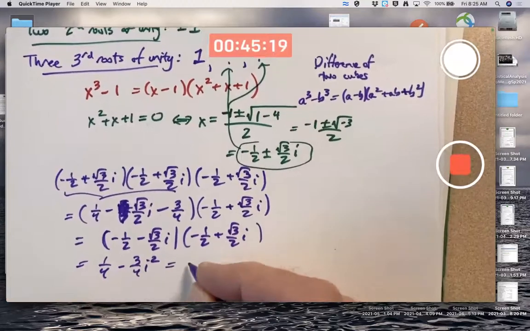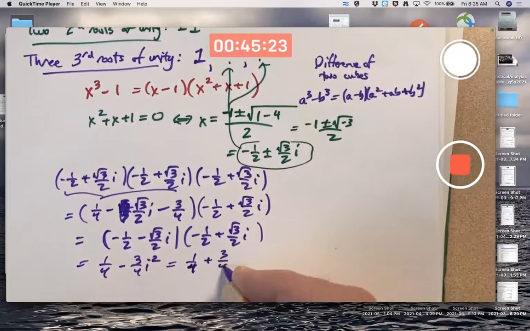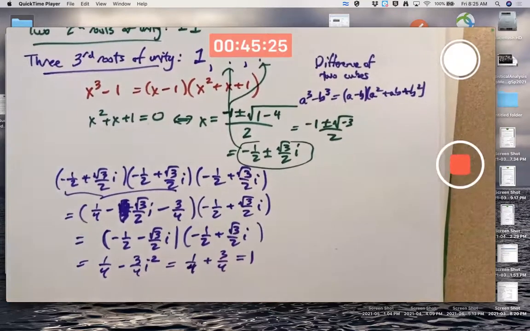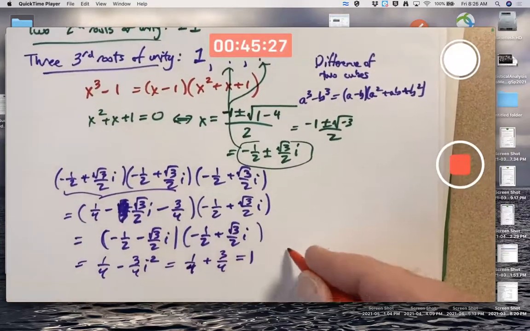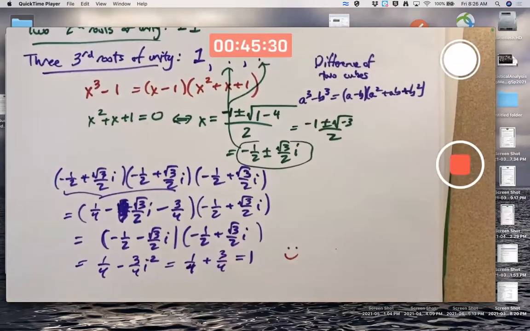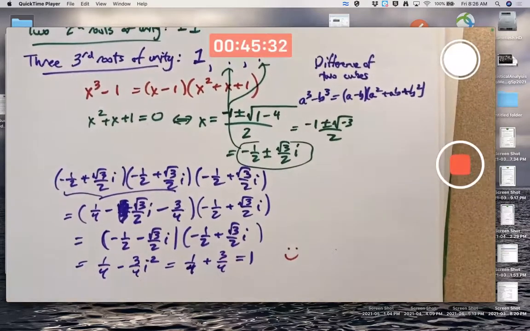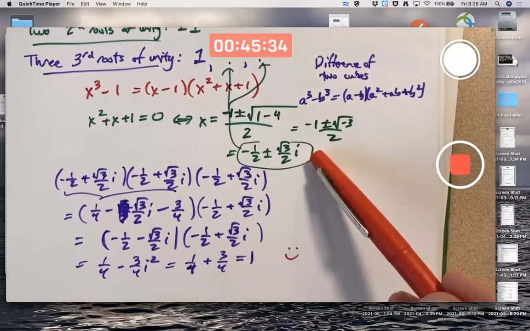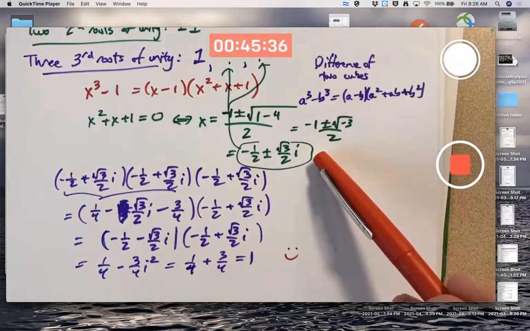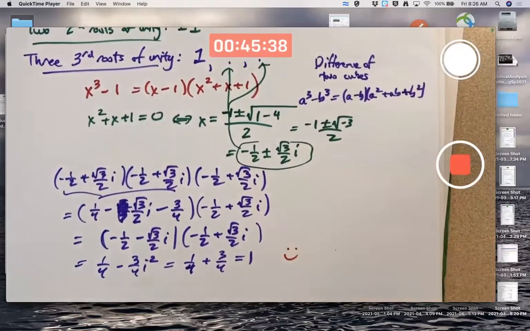I squared is -1, so this is 1/4 plus 3/4 is 1. And we are happy. The verification that negative 1/2 minus root 3 over 2i is a cube root of unity is the same kind of thing.